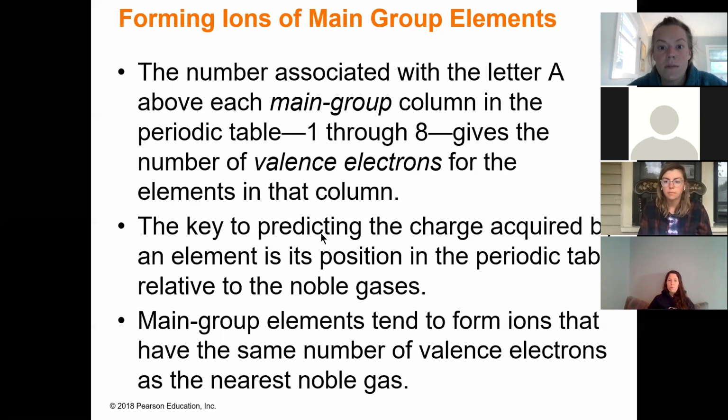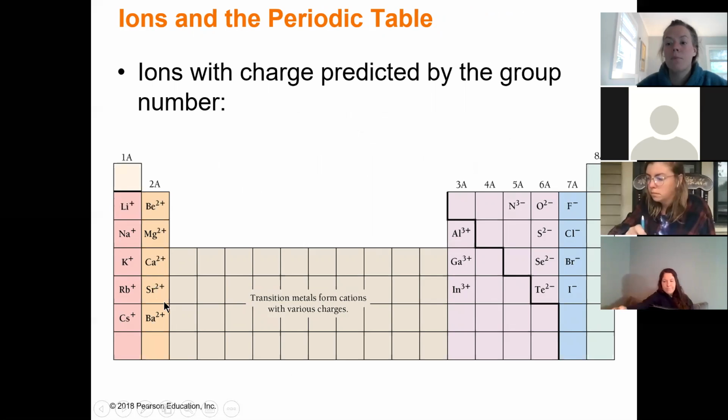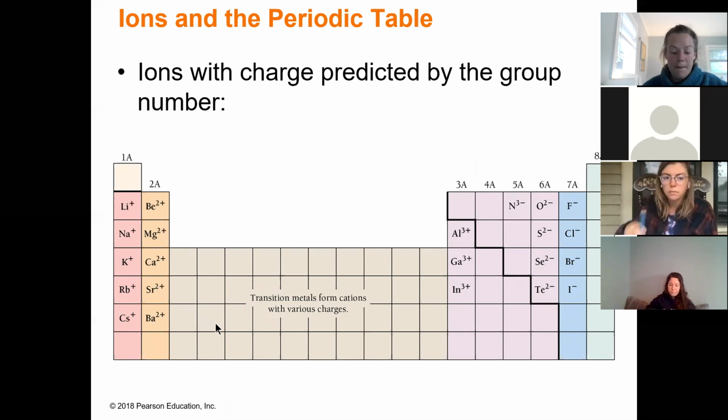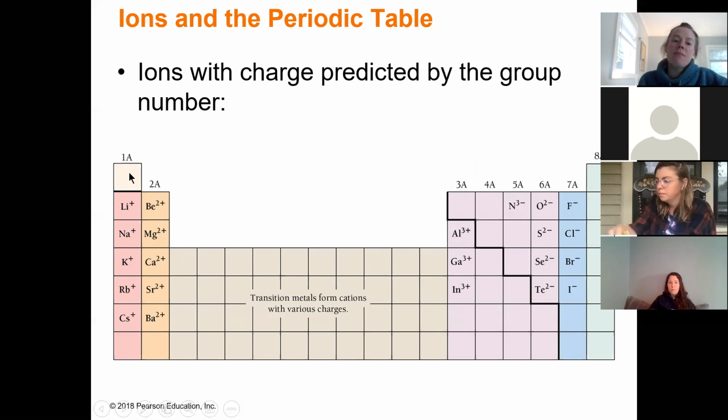So let's look at the charges. Here they are. Above column 1, I want you to put +1. On your periodic chart, above column 1, put +1. Hydrogen, when it's acting as a metal, forms an acid. It does form a +1 too.